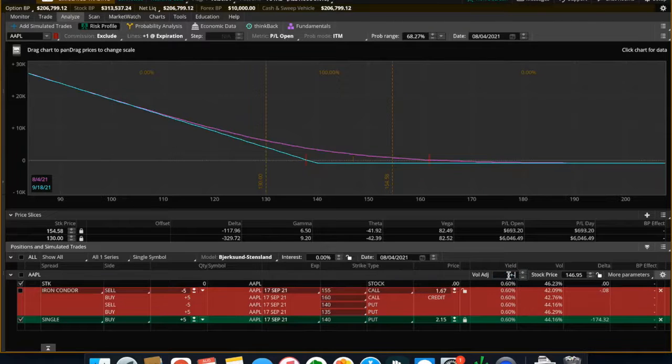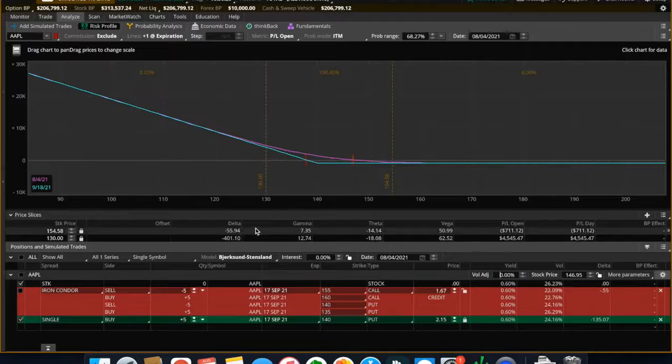You can also simulate that with the software. You can put a minus sign there. If we had a minus, that put option gets a lot less expensive, and you can see how the purple line came way down. So it's kind of a neat thing you can do with this software. You can look at these positions, you can adjust price, you can adjust volatility, and you can get a good picture.